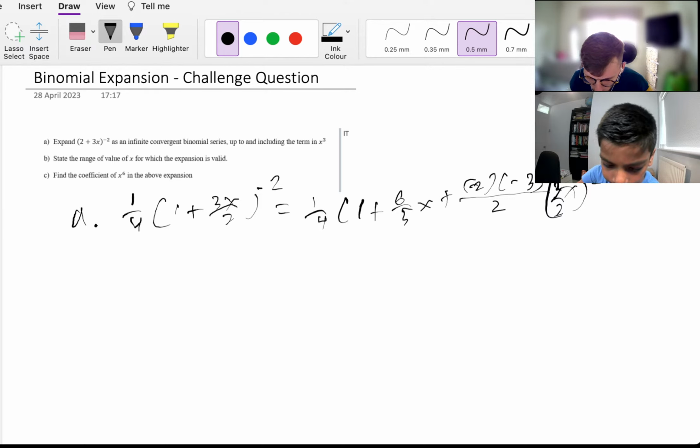Then the second term there, Cordelia, it looks like you've written 6/5. Is that right? I don't know where the fifths would come from. The term in x, what should it be?